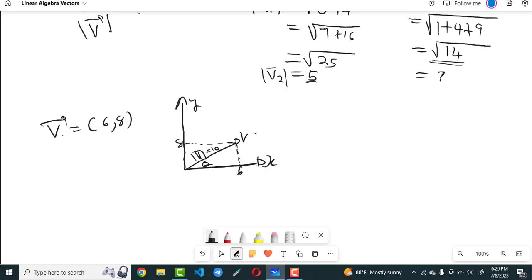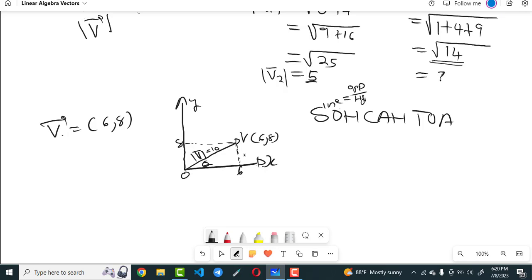So the position vector v has an angle theta here. The question is, how do we find this angle? To find this angle, according to trigonometric ratios, we use SOH CAH TOA, where sine equals opposite over hypotenuse, which is our longest side.